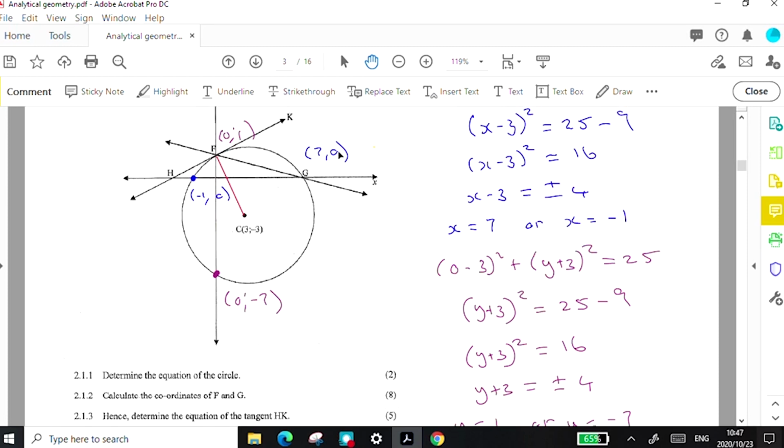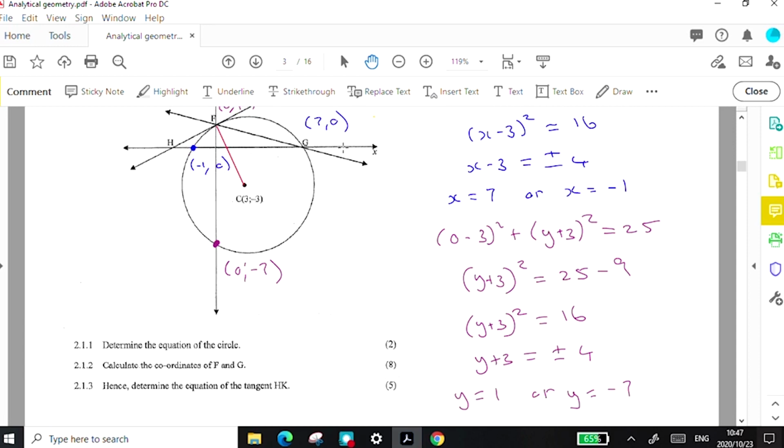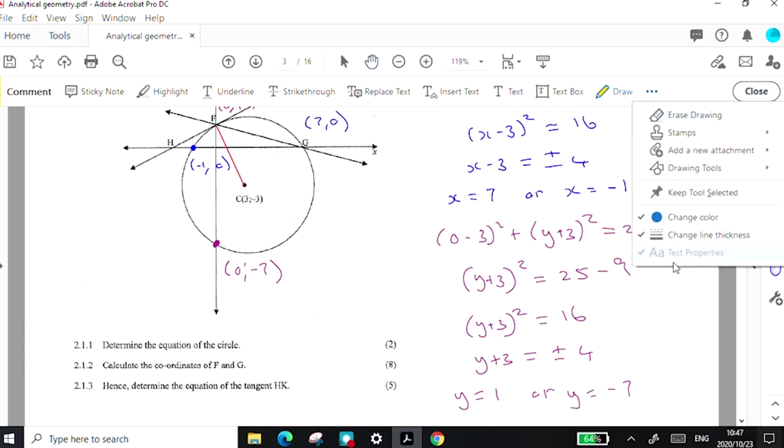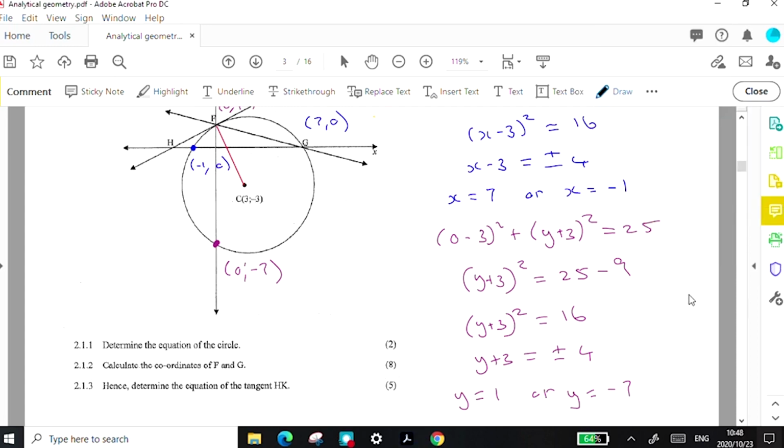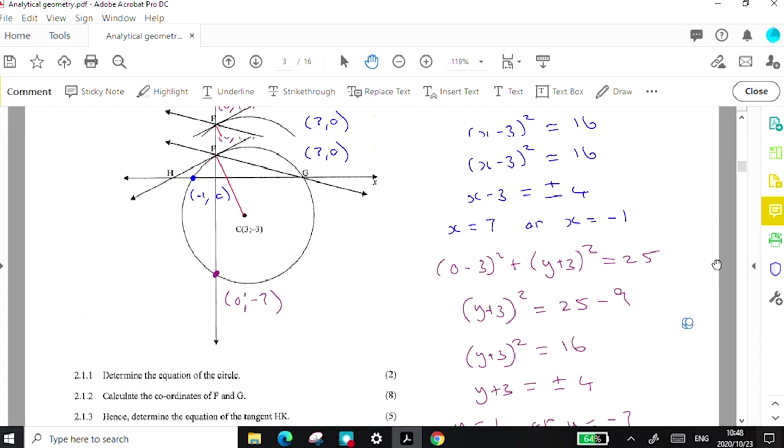If that is the case, then we just need to find the gradient of FC.